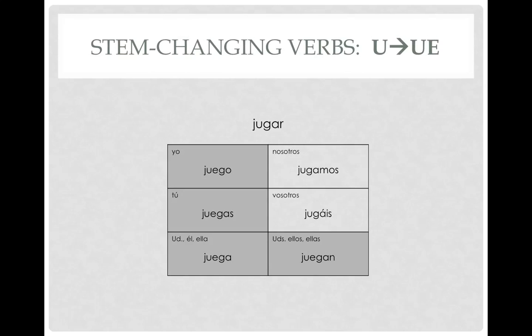Remember, every time that we are doing a stem changing verb, we need to change the stem, however it tells us to, but only in that boot shape. Remember, that's just for stem changing verbs, the boot changers.